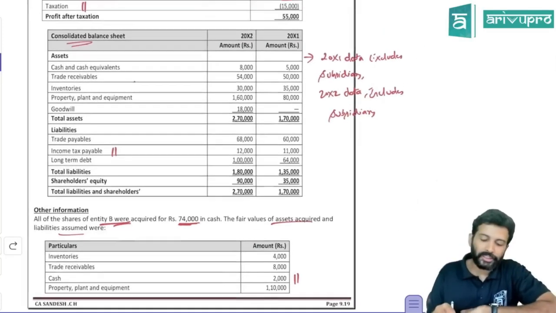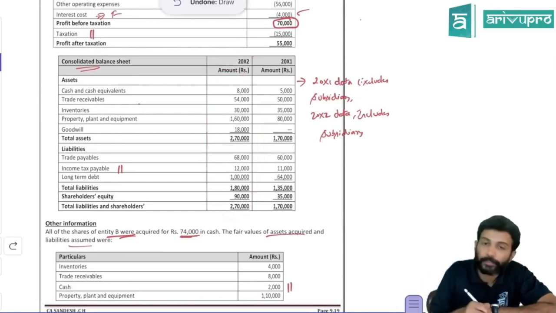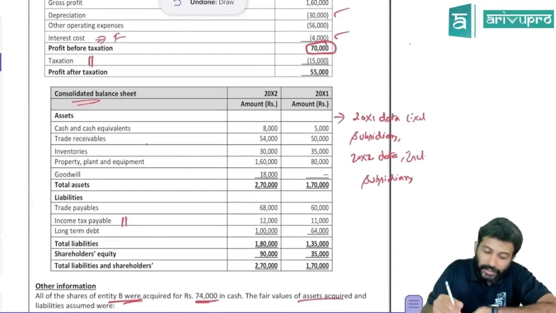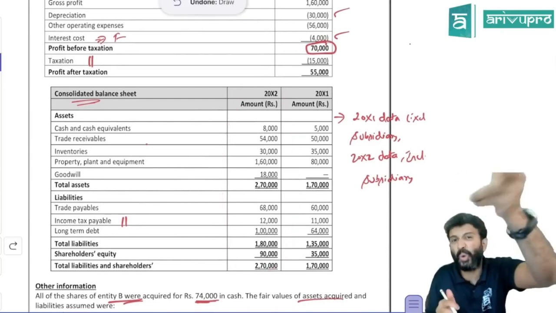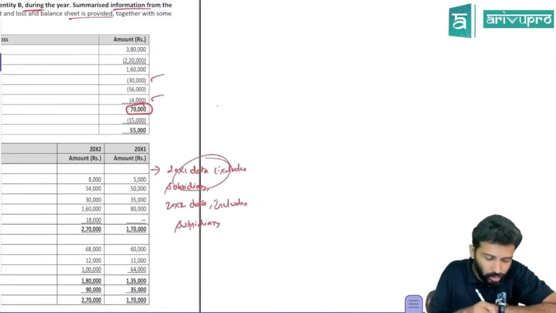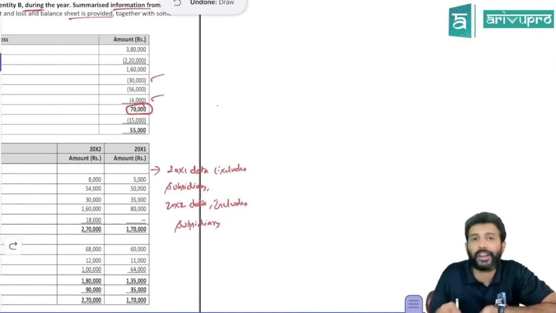Now, the problem here is that you did a subsidiary acquisition in the current year. So in the balance sheet, the current year data that you see includes the subsidiary's data as well. So 20x2, this current year, includes the subsidiary's data.